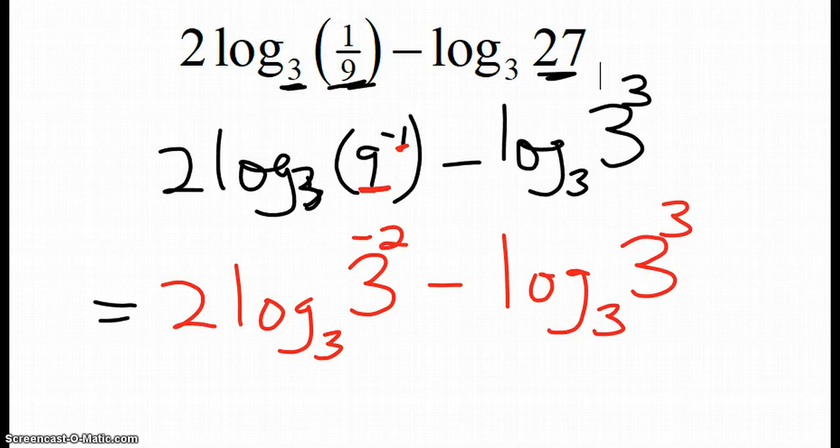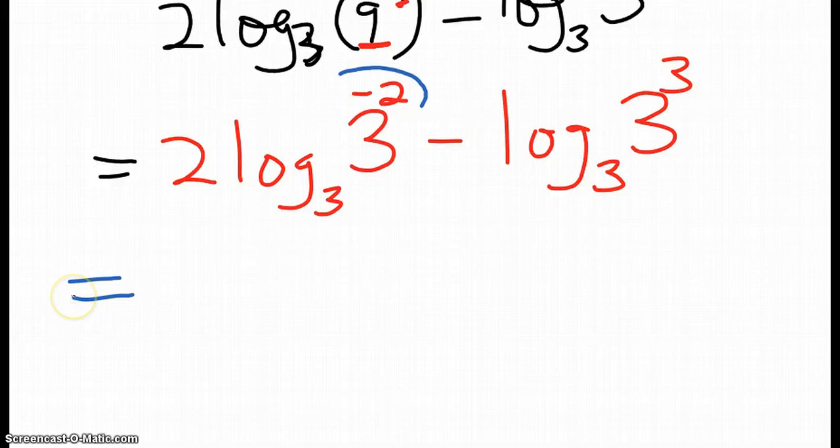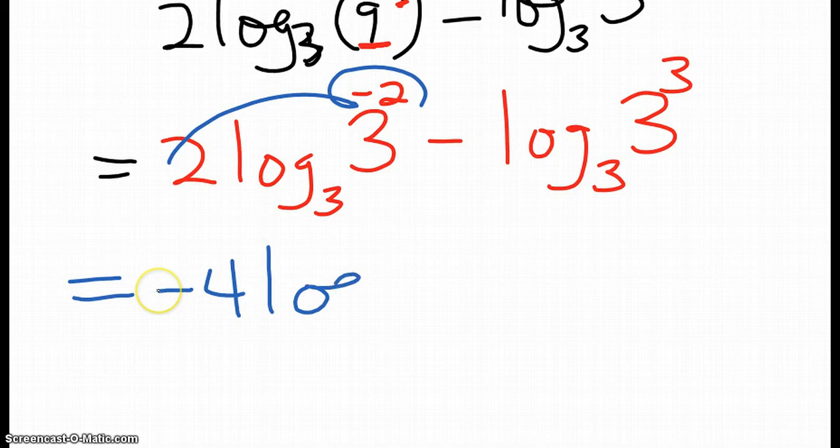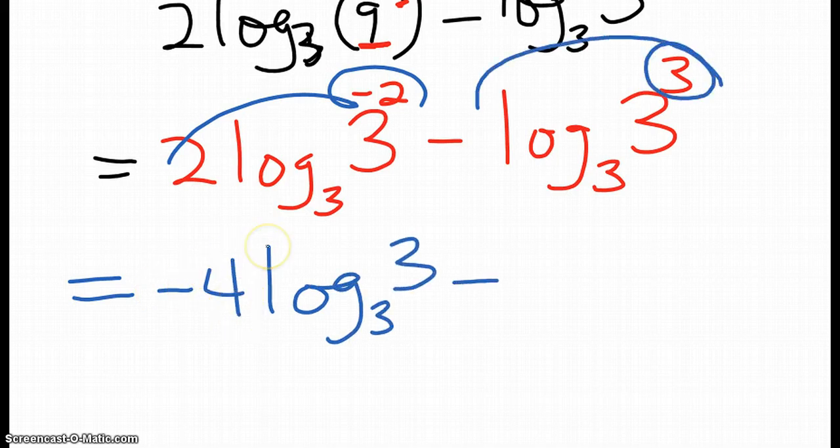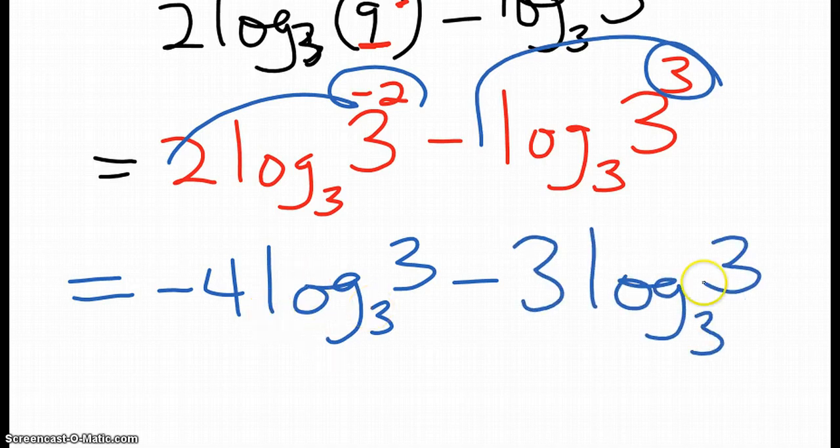So based on one of our laws, this will multiply everything here as -4 log base 3, minus this also can move to multiply as 3 log base 3.